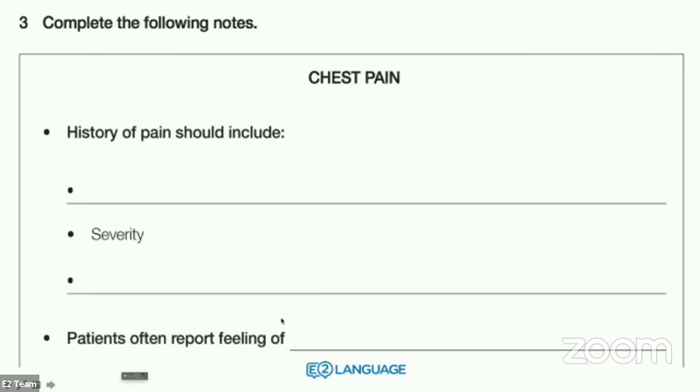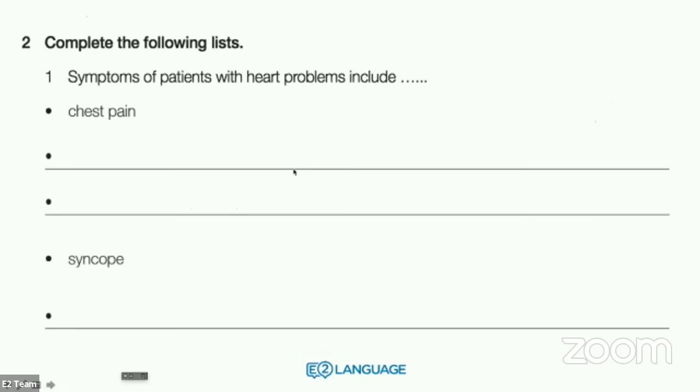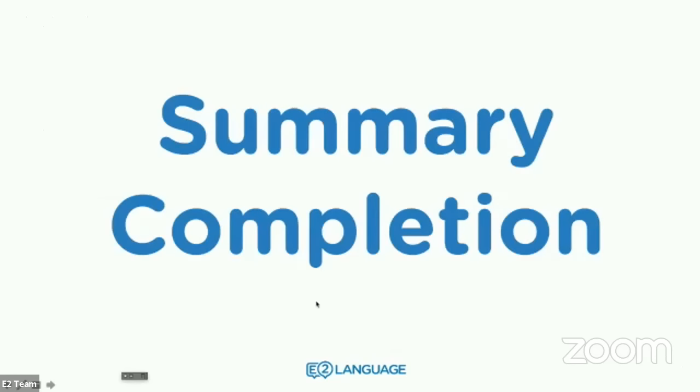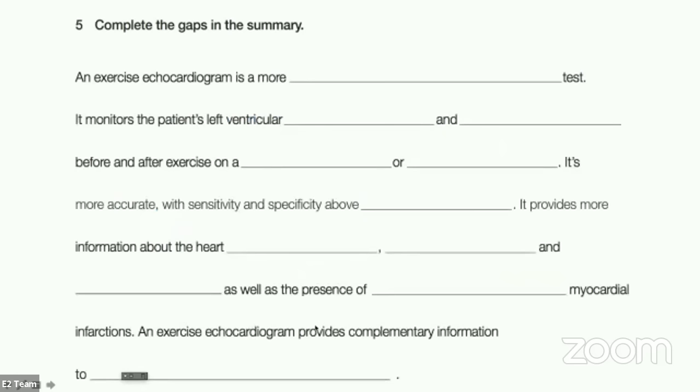Okay, there's note completion. You might see something like this, which is very similar to the one we just saw. The one we just saw looked at symptoms that include, this one is history of pain should include, and so on. Very similar. Summary completion. Okay, this one is quite different. This question is a summary of what the person is saying. It's basically another way of saying what the speaker says. Okay, let me explain this.